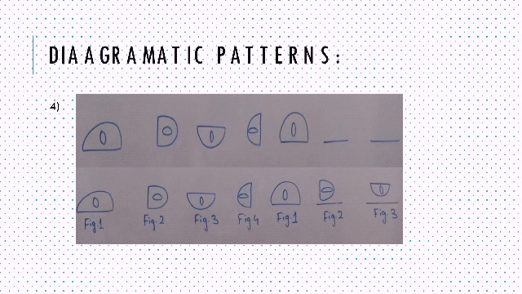So now, instead of speculating or thinking what will come in place of the blanks, first let us number the figures. So the first diagram will be figure number 1, second diagram will be figure number 2, third diagram will be figure number 3, fourth diagram will be figure number 4.